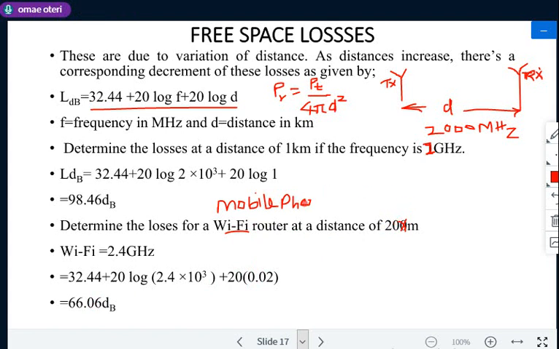Now, someone will ask you about a mobile phone, and we are looking at a distance of, let's have 600 meters. So please, can you calculate that for me? Get me the losses.